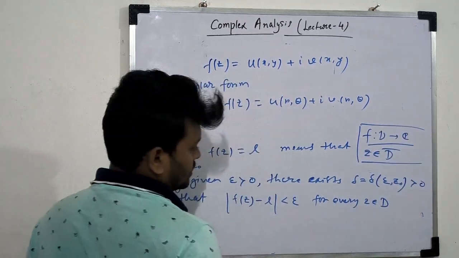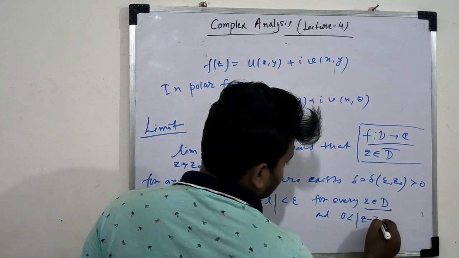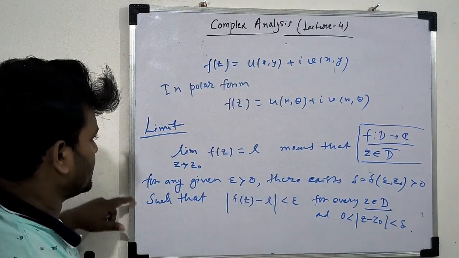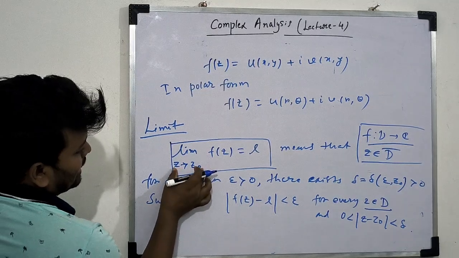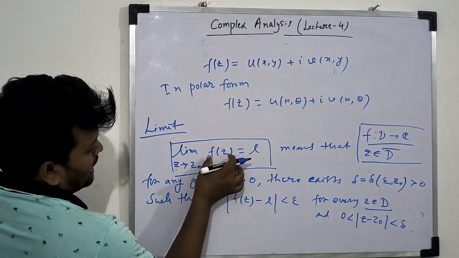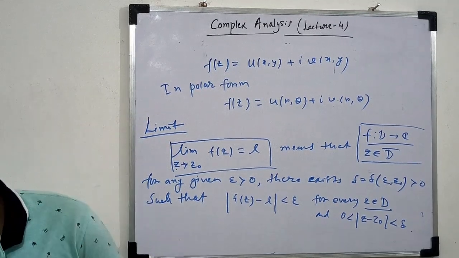These are the properties. So for every z belonging to D and 0 less than modulus of z minus z0 less than delta. So this is the definition of limit. This means whenever z is near z0, the value of f(z) is near to L. So this is the definition of limit.